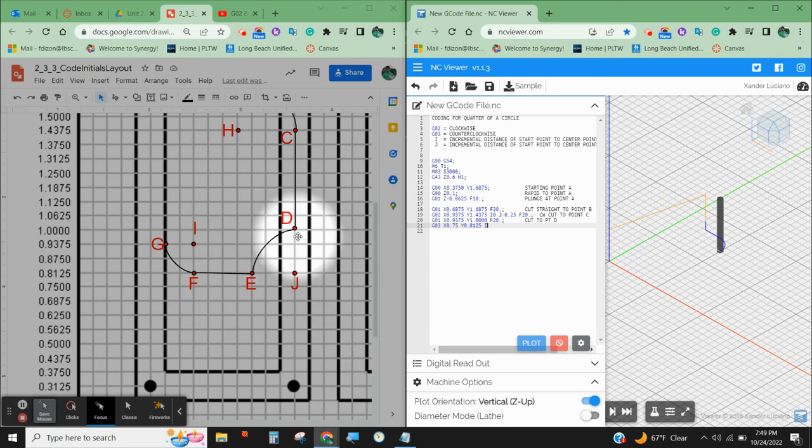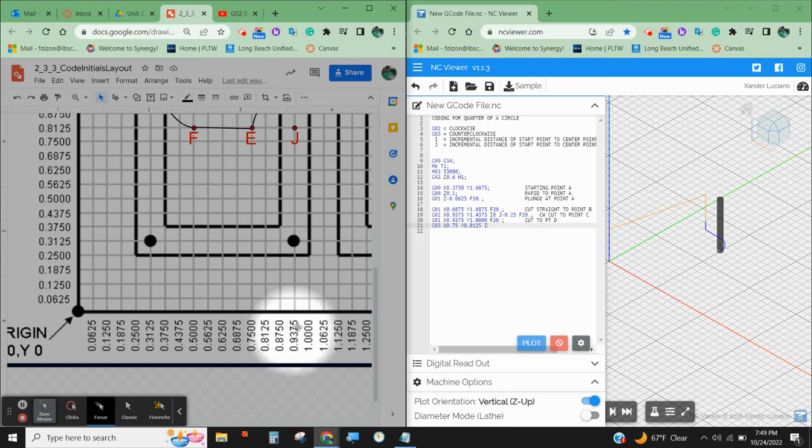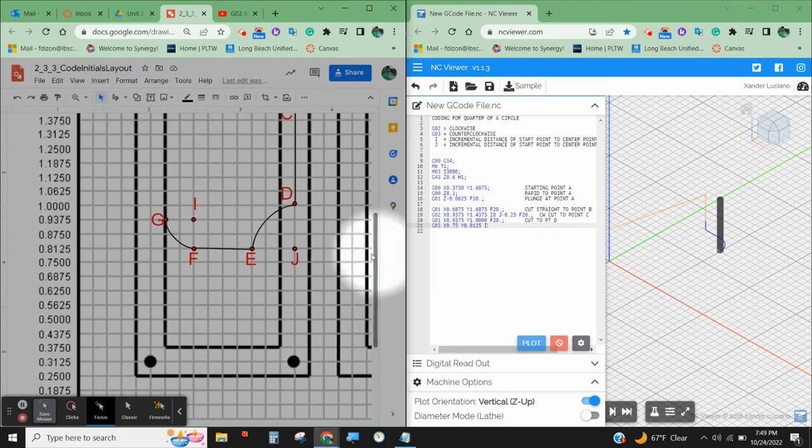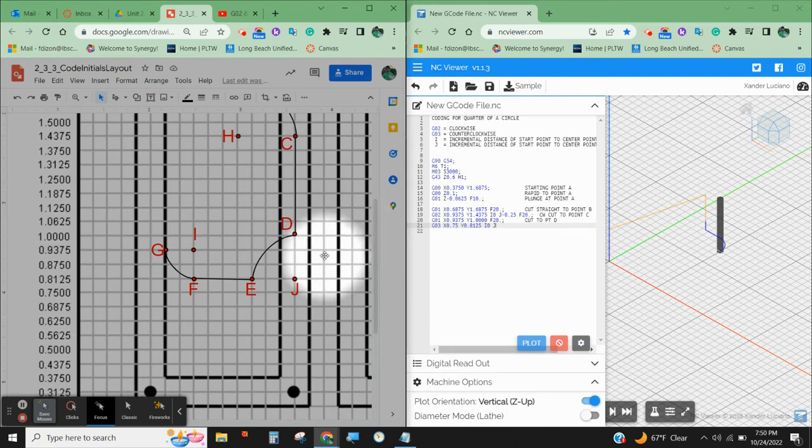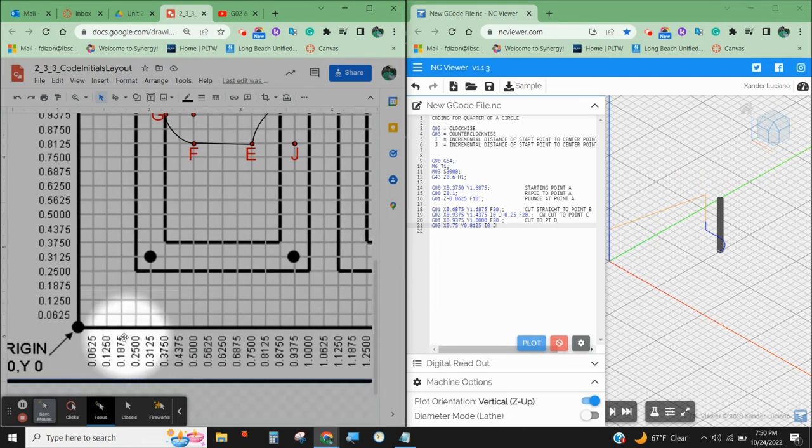Since they're sharing the same X, which is 0.9375, the distance in the X direction is 0. So again, this is 0. J, the distance in the Y direction, is three squares. If I look down here, three squares is 0.1875. So I'm going to put that here.